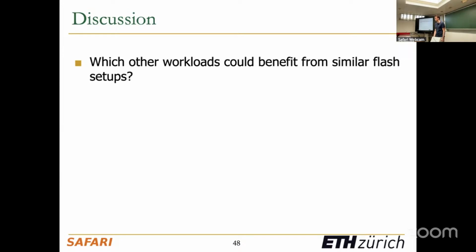Any ideas? I think any workload that does linear operations, because that's what we target, right? Matrix or matrix-vector multiplication would be one thing, and also any workload that's too large to fit into DRAM, so that it makes sense to move it to flash.